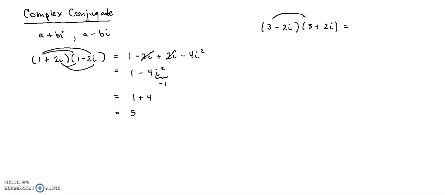So we're going to have 3 squared, which is 9, minus 2i squared, which would be 4i squared. Okay, so 3 squared and 2i squared, difference of two squares. And we remember that i squared is negative 1, so this is going to give us 9 plus 4, and that's equal to 13. So anytime you multiply by the complex conjugate, you should get a real number.